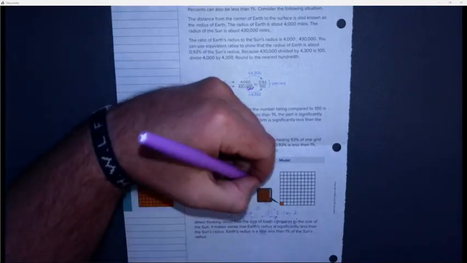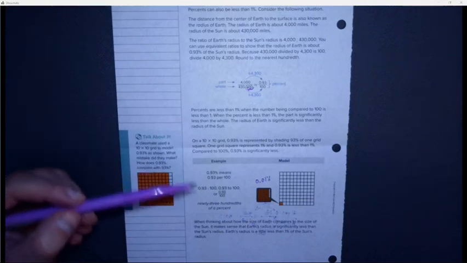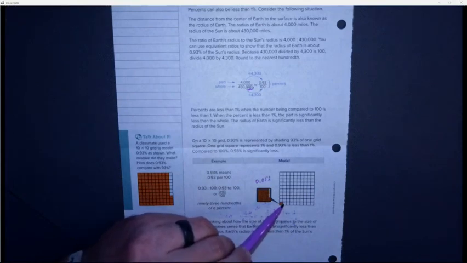Each one of these squares represents 0.01%, or 100th of a percent. So for me to represent 93 hundredths of a percent, 0.93%, I need to have 93 of these tiny little squares colored in. If we zoom in, we can see that there's a little sliver of white in our box right there. That shows us it's not a full whole number, which 0.93 is not a whole number. It's not 1 whole percent.